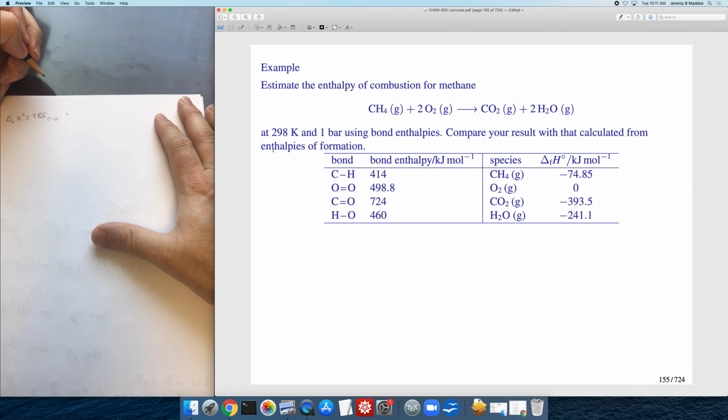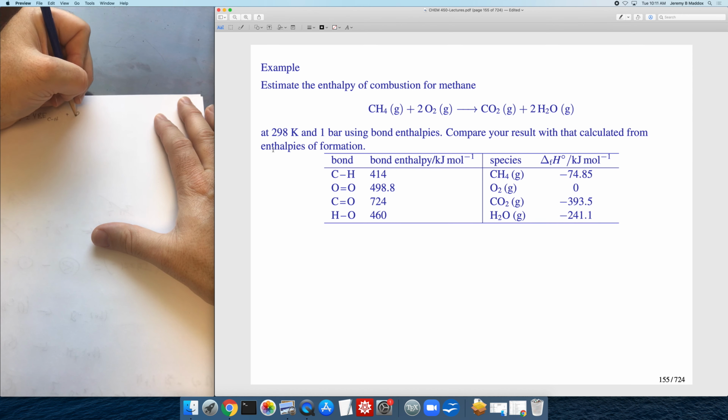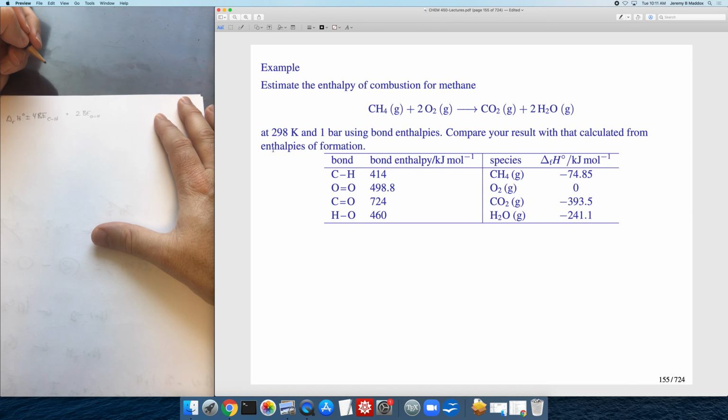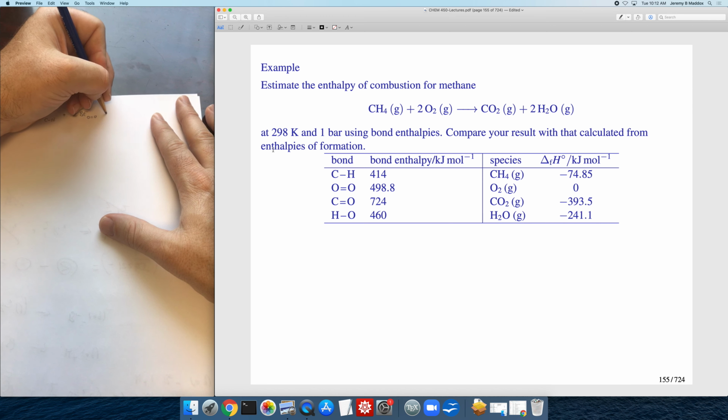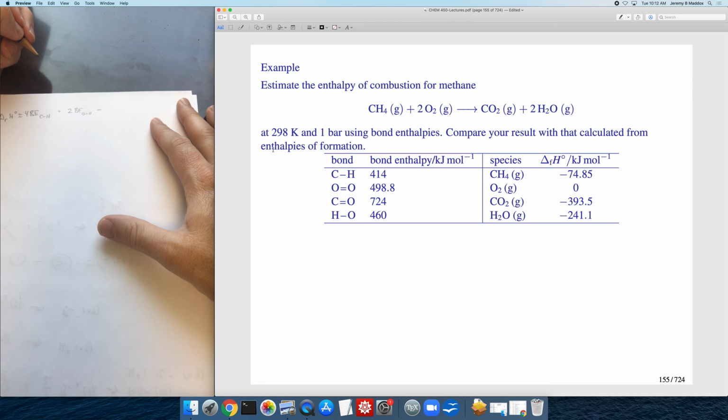Then you're breaking 2 oxygen-oxygen double bonds, right? Because you've got 2 oxygens, each of them has a double bond, so you're breaking up 2 oxygen double bonds. Now you want to subtract the bonds that are being formed.